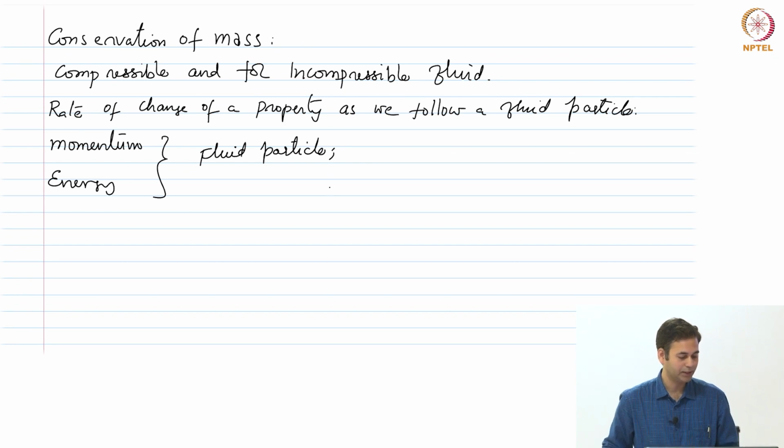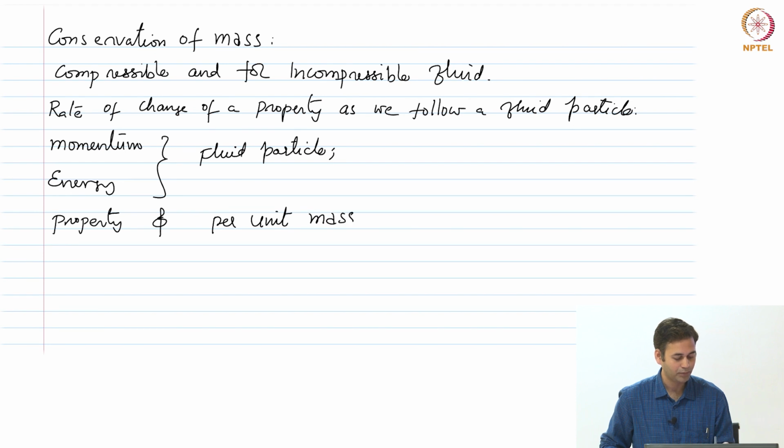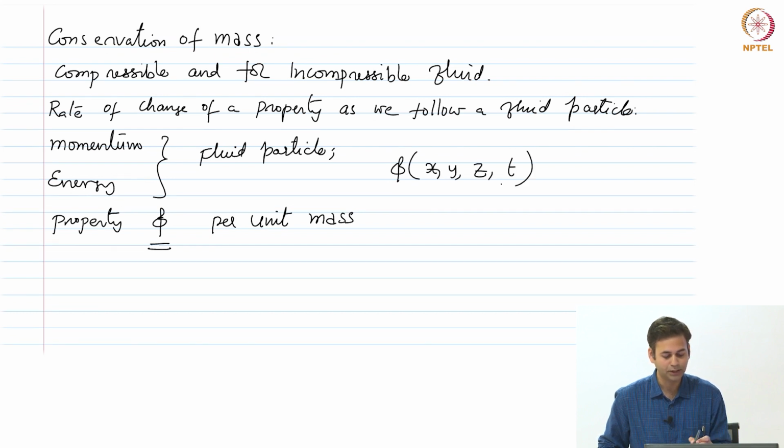Now let us think of a particular property of a fluid which we represent with phi, and this property is per unit mass. Now this property phi is of course a function of both the particle position, that is x, y, z, as well as time.